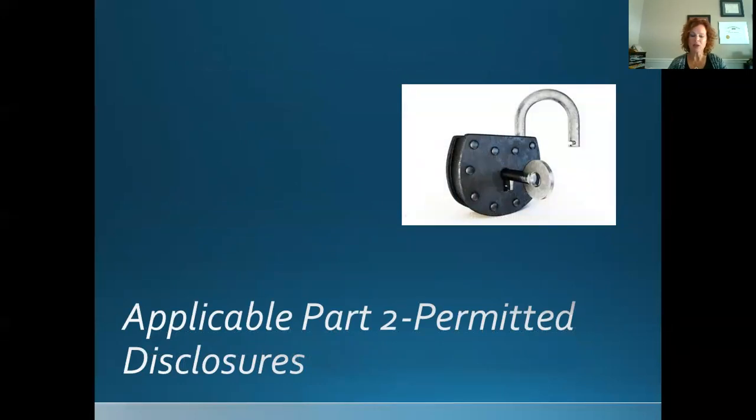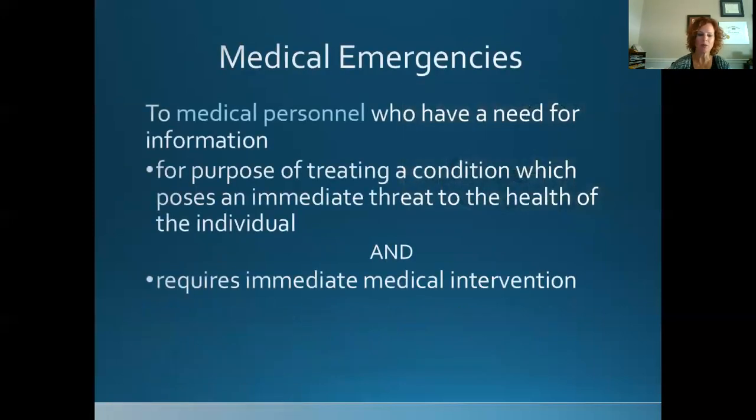Applicable disclosures that can be made under 42 CFR Part 2 without the written authorization of the person are rather limited to begin with, and there's really only one that could apply to our focus on students receiving behavioral health services.